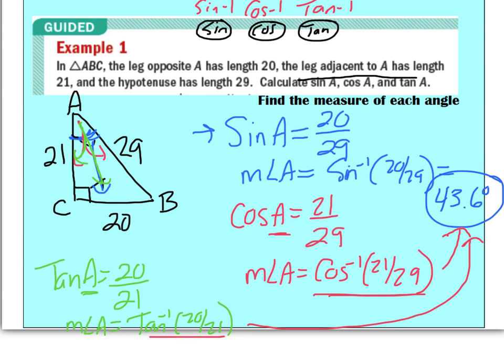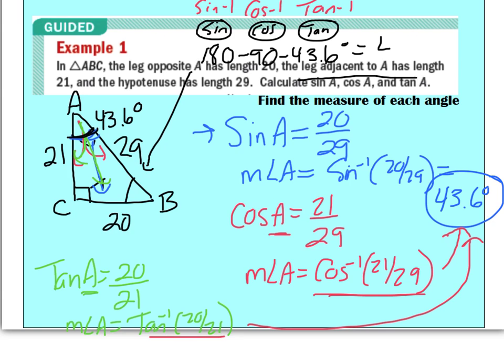So if we know that this angle is 43.6 degrees, can we find the last one? Sure. The last angle here is going to be angle B, and all we have to do is take 180 minus 90 minus the 43.6 degrees, and that's going to leave us with 46.4 degrees as the other angle.